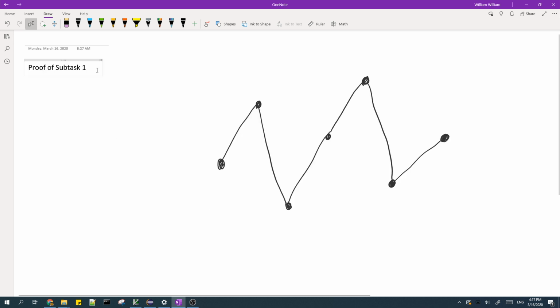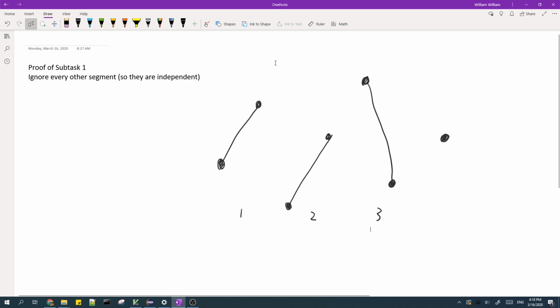So now I'll give the proof for subtask 1. You have these segments here, but in our proof, we'll ignore every other segment. This is because if we make the segments disjoint, then the probabilities for the segments are independent of each other.